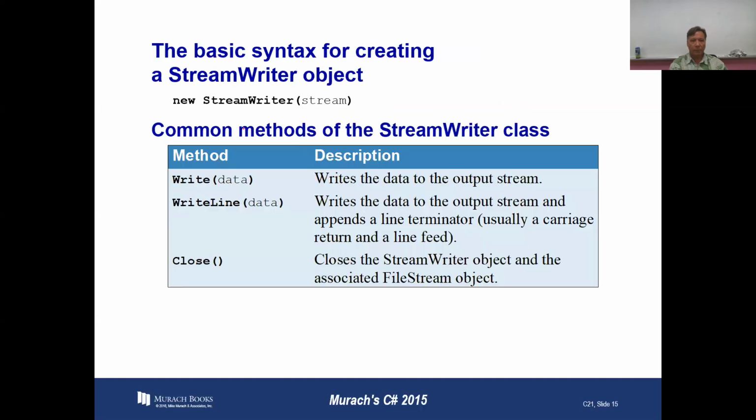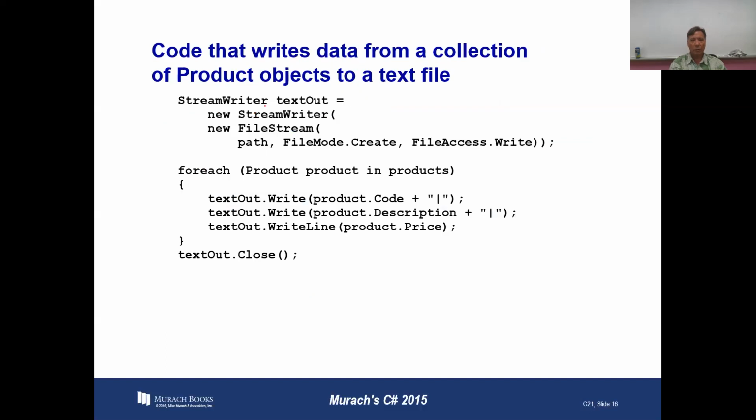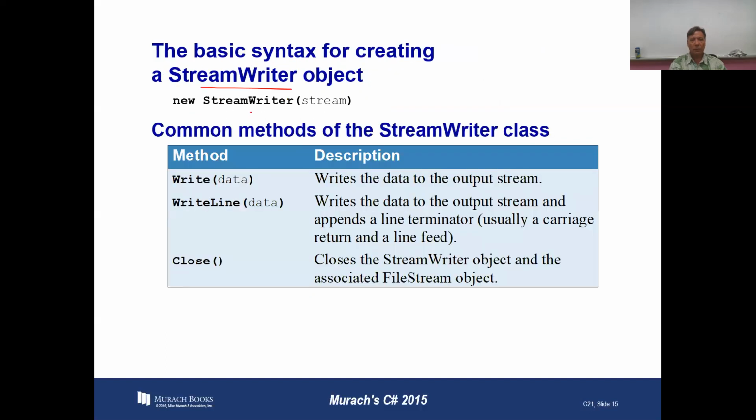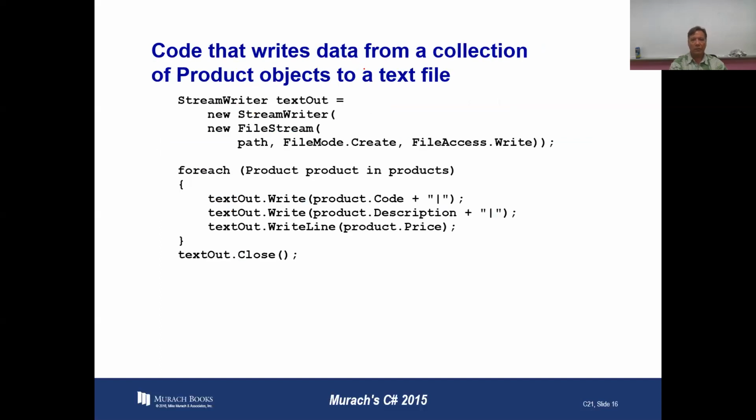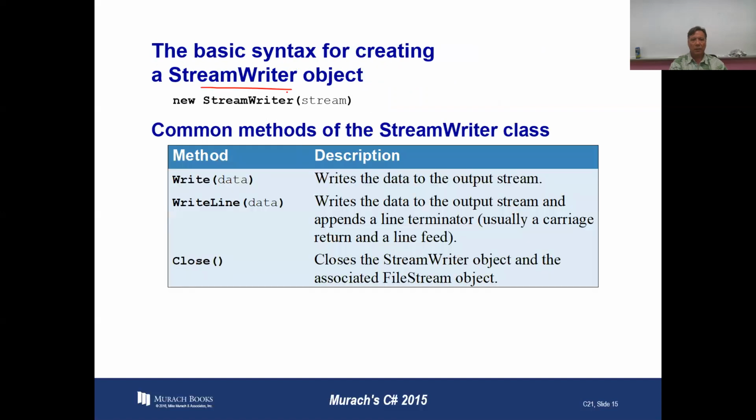All right, the basic syntax for creating a StreamWriter object is new StreamWriter. This is how you create a new instance of it. This is the class, and this is defining a new object of that class.